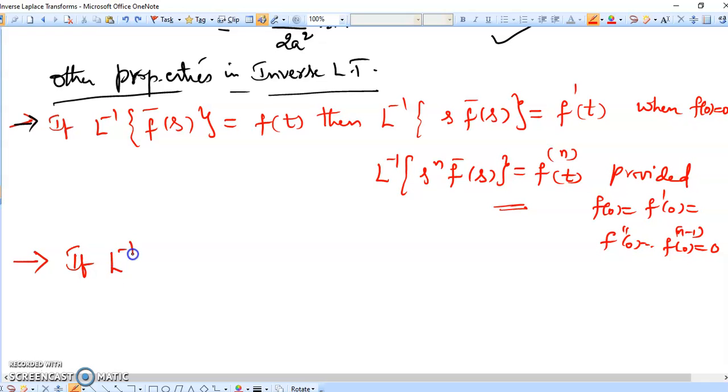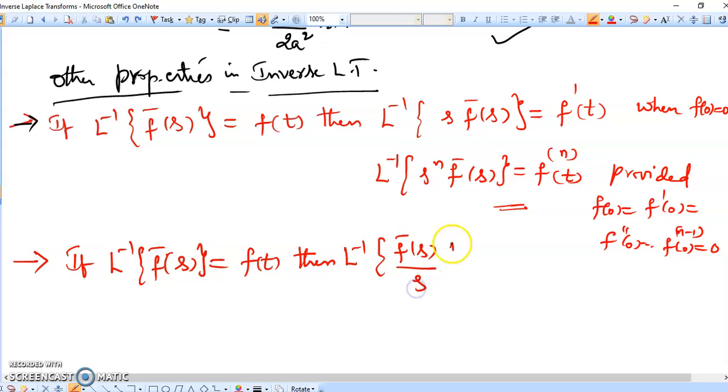Okay. Now let us have a look at the next property. If L inverse of f bar of s is equal to f of t, then L inverse of f bar of s by s. So what we are doing here, we are dividing the given function with s. Okay, so this gives integral 0 to t f of t dt.